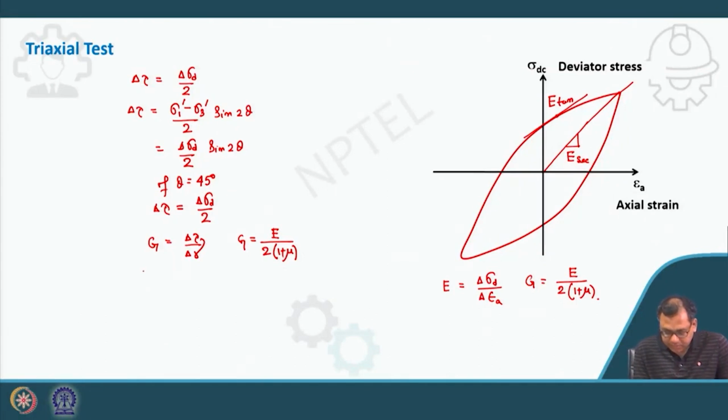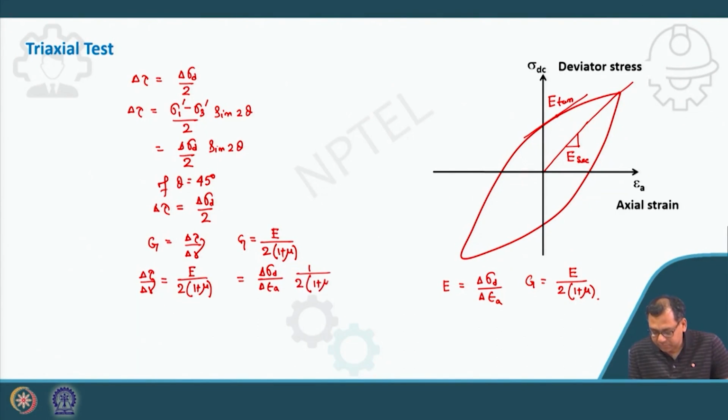Now if I convert that, then shear stress versus shear strain is equal to E divided by 2 times 1 plus mu. Now this E is nothing but deviator stress divided by axial strain, times 1 by 2 times 1 plus mu.